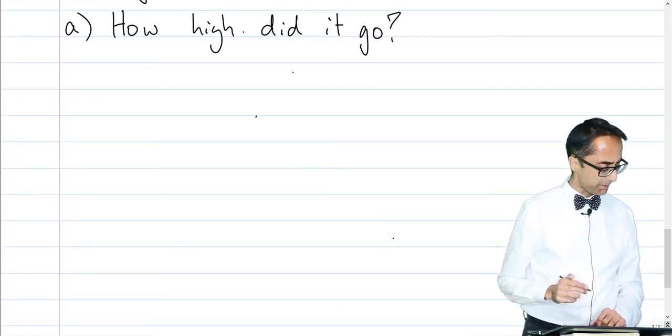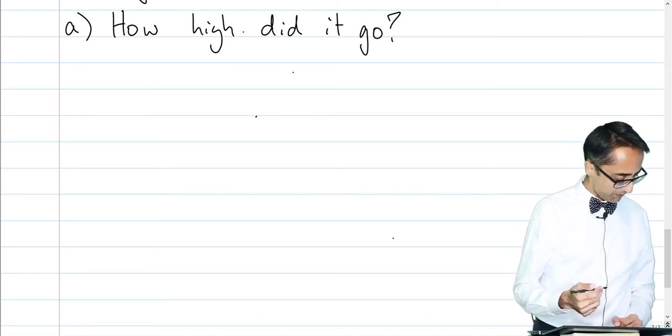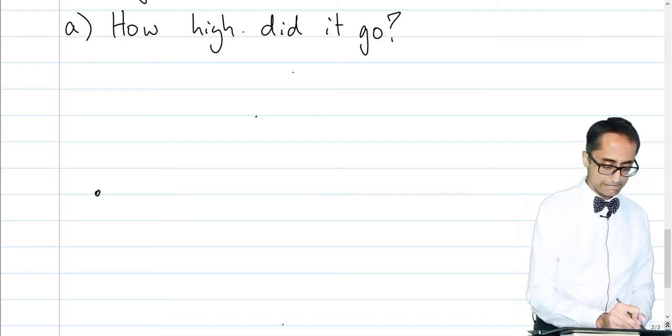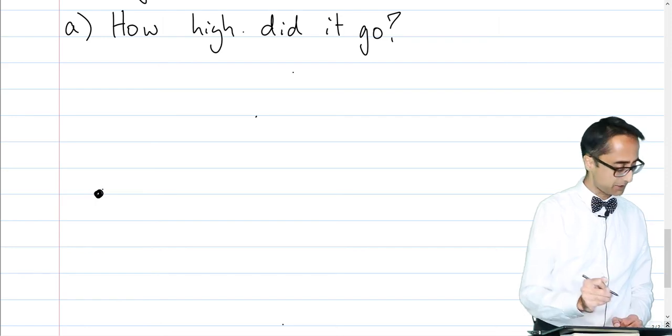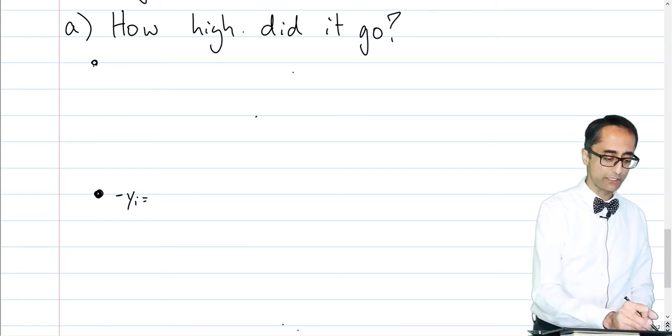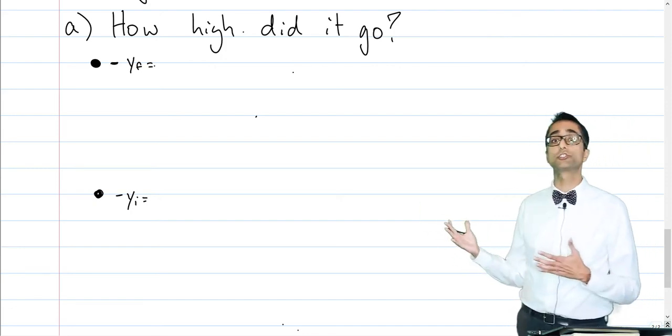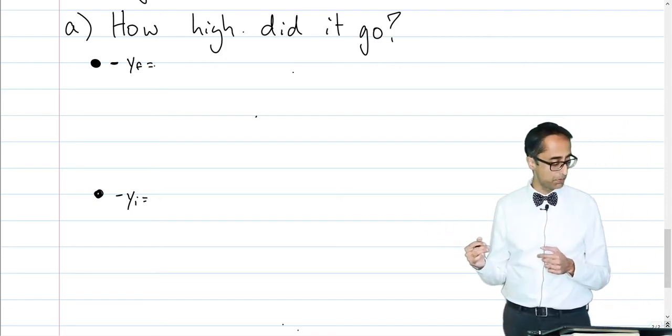So I'm going to start by modeling and visualizing the problem here. Let's say that this is my cannonball at the beginning of this problem. Let's say y initial. And eventually, it's going to get here. Now after that, it's going to fall, but that's my initial and final position in this part of the problem.